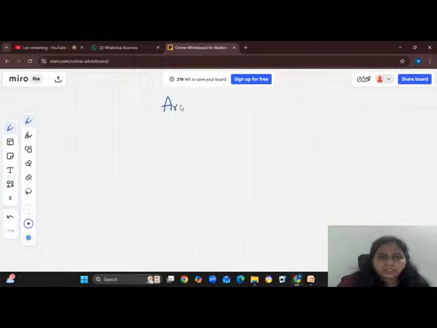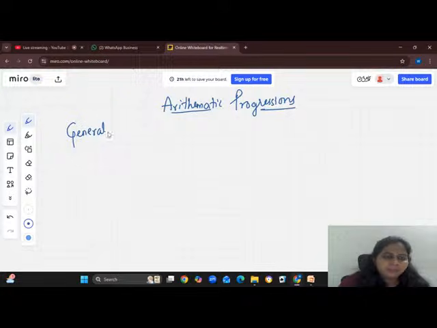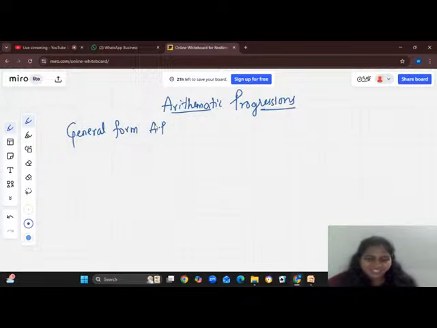Arithmetic progressions. So what is the general form of AP? What is this AP, first of all?